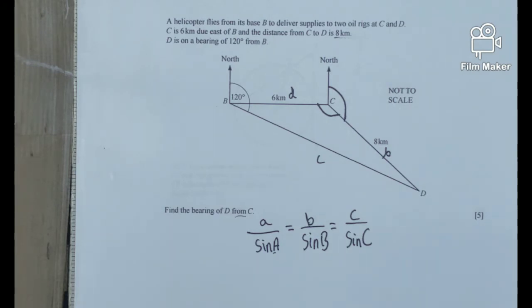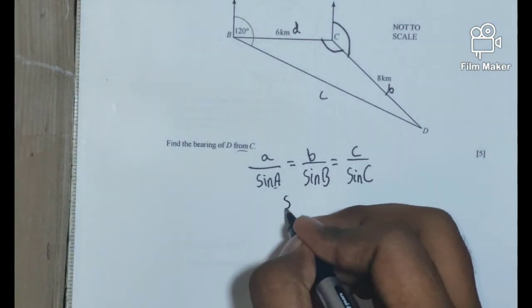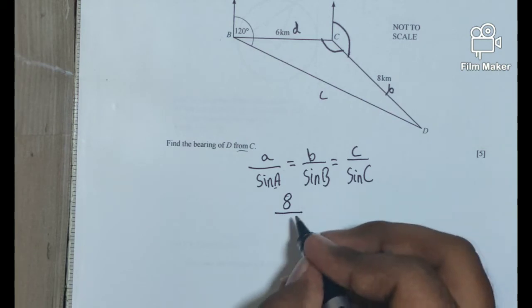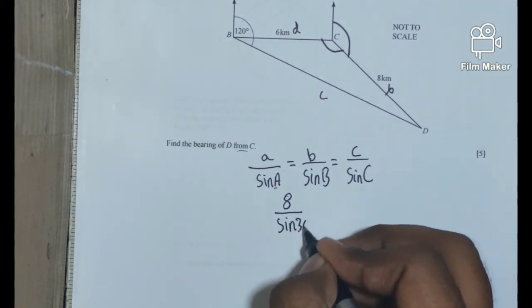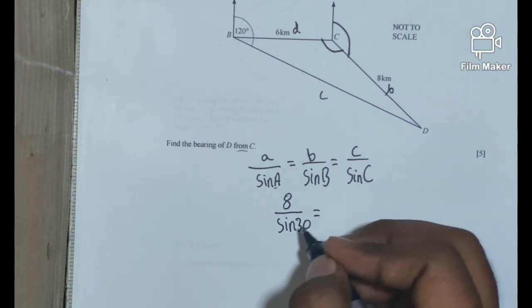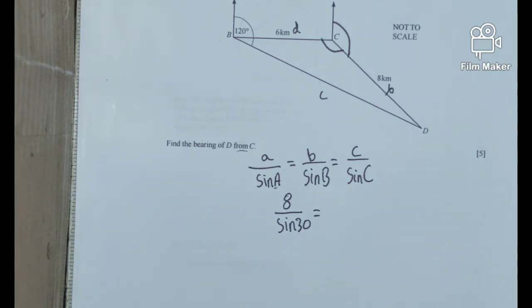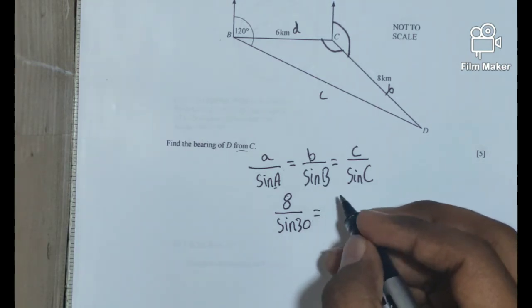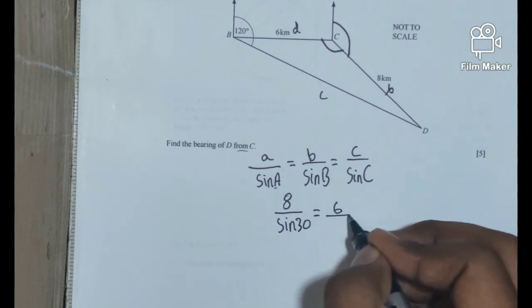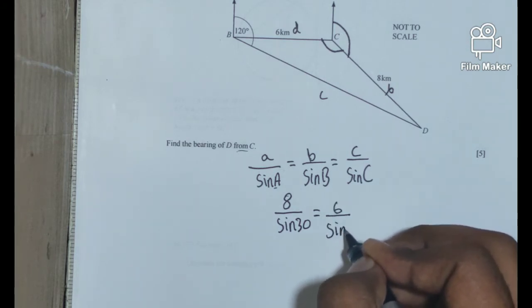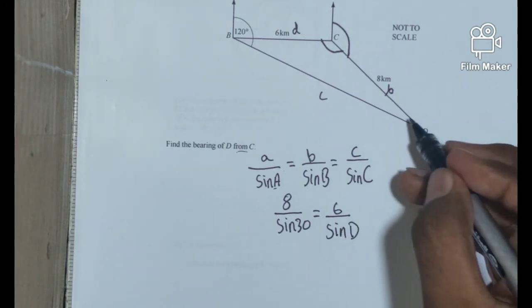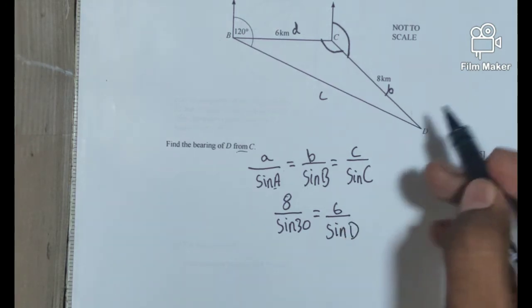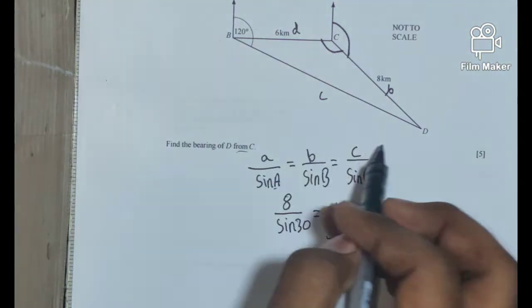Now we'll substitute the values. So it would be 8 divided by sine 30 is equal to 6 divided by sine D. Now here we need to find first this angle, as we don't know the length of this BD.